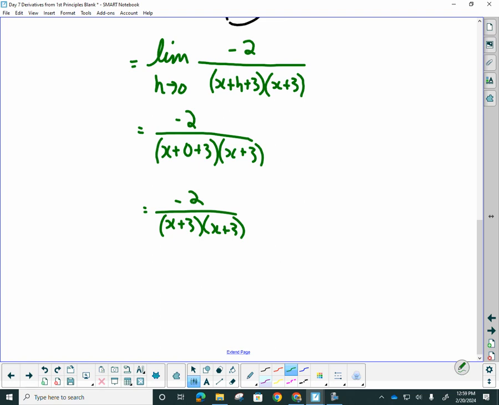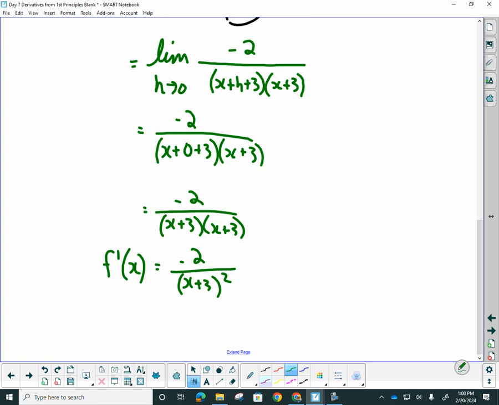And I'm going to simplify that even further. And since I have an x plus 3 times itself, I can write that as x plus 3 squared. And there is the equation for the derivative of that original rational function: negative 2 over x plus 3 squared.